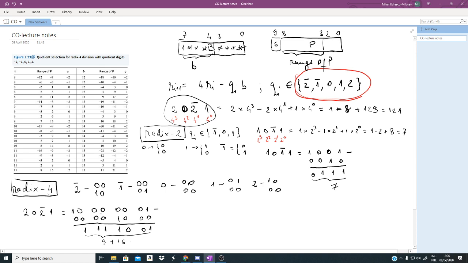So what's the biggest number that you can represent on 7 bits? It's 127, right? And here what's missing is this bit and this bit, which means 6, right? So it's minus 6, so it's 121, which is true here.